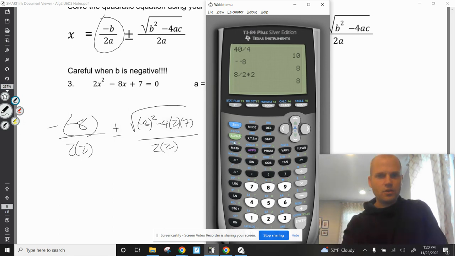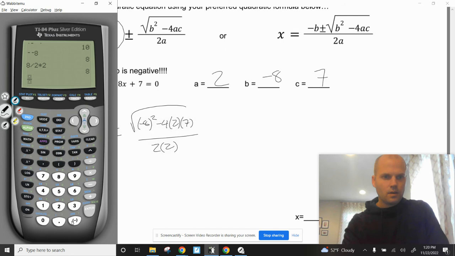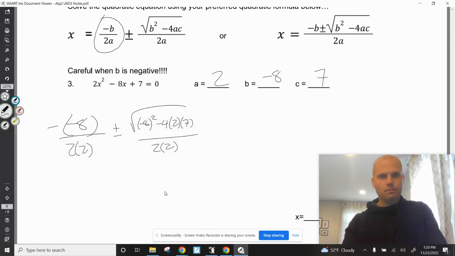This is why I tell you to use the fraction button. 8 over 2 times 2. Boom, 2. Because this is 8 over 4.